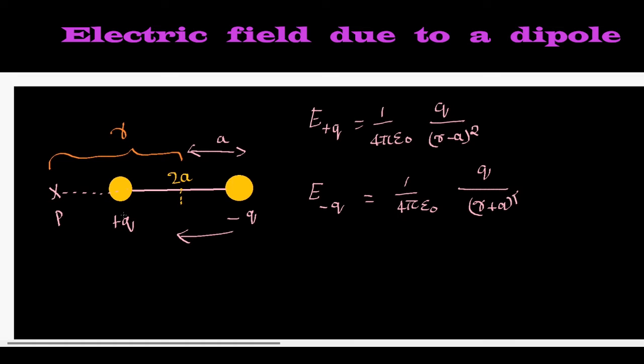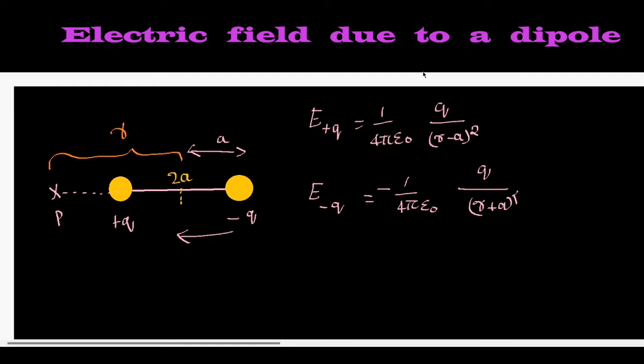But we know the directions of the electric field at P due to plus q and due to minus q are opposite. So we can denote it with minus of 1 by 4 pi epsilon 0 q divided by (r plus a) the whole square. This minus sign indicates the direction of the electric field is different, but the magnitude changes by a factor of (r minus a) square and (r plus a) square only.